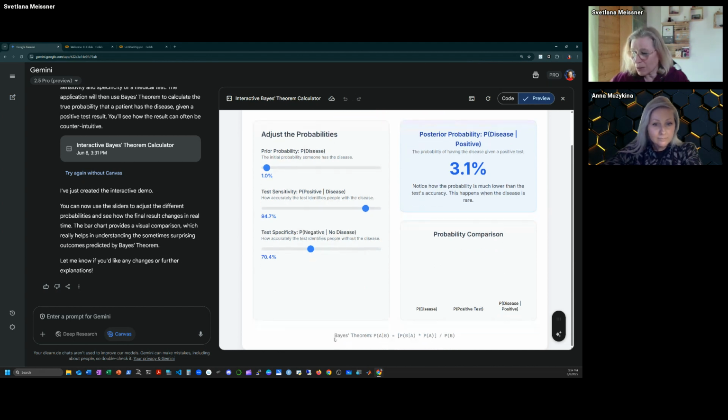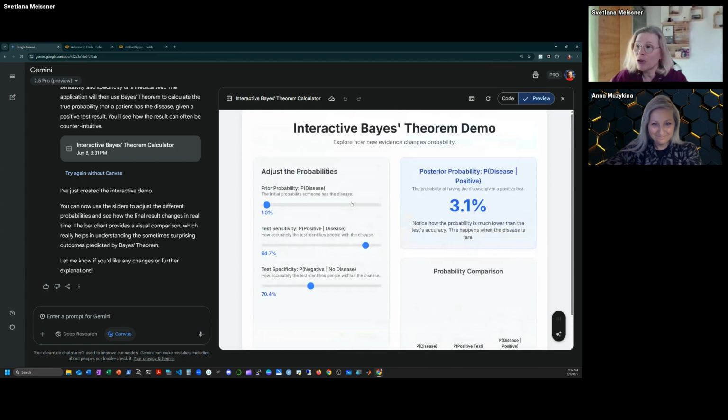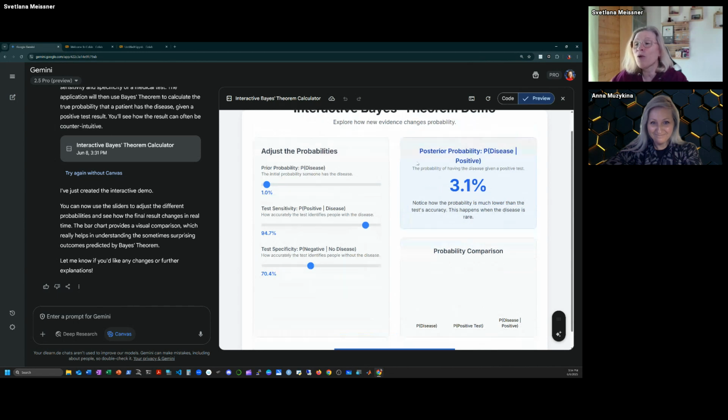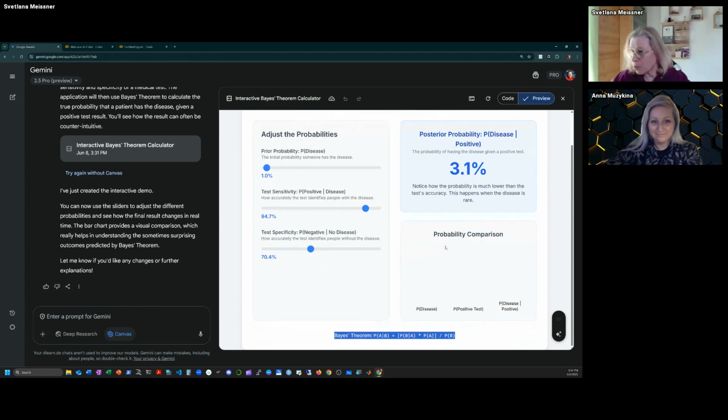And here, I've got this Bayes theorem, and then after that we can publish this nice interactive Bayes theorem demo for the explanation of these probabilities, how Bayes theorem is connected in case we see some results, and the meaning of these results. Probability comparison.